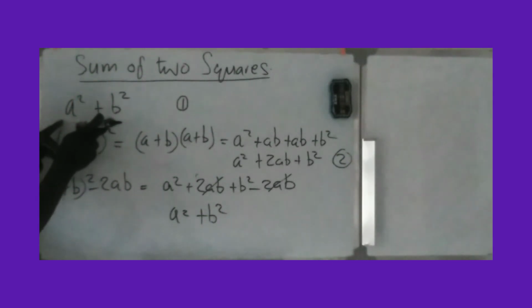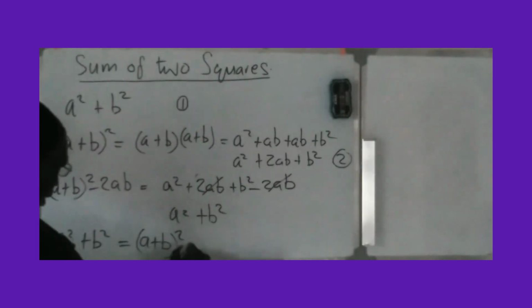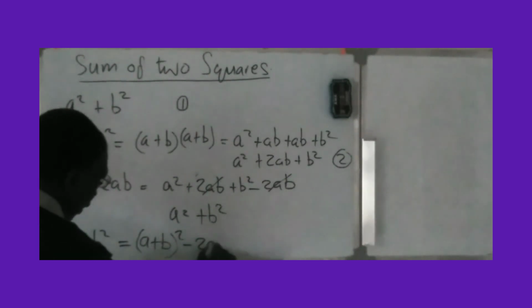So that means if I take this expression here and subtract 2ab, I will get expression number 1. In other words, we can confidently say a squared plus b squared is equal to a plus b all squared minus 2ab.